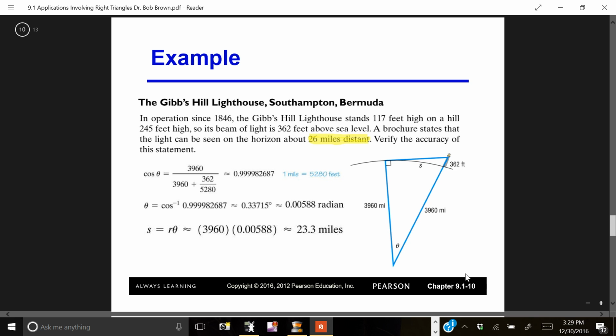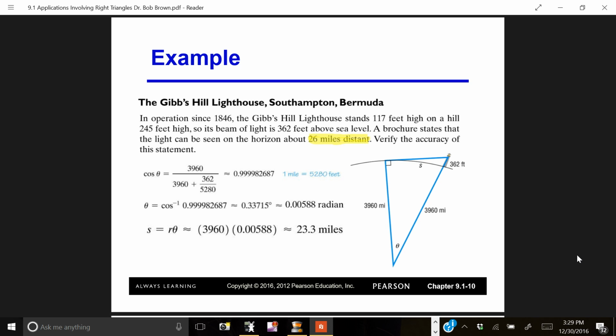Now, we're going to look at an over-the-horizon kind of problem. There's a lighthouse in Southampton, Bermuda, that's 362 feet high.